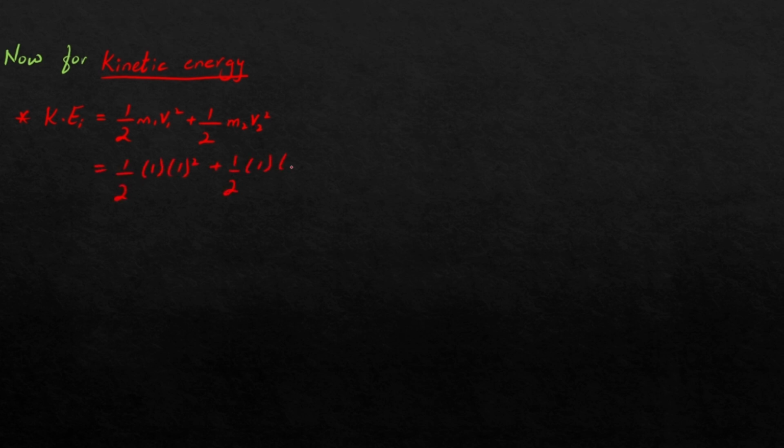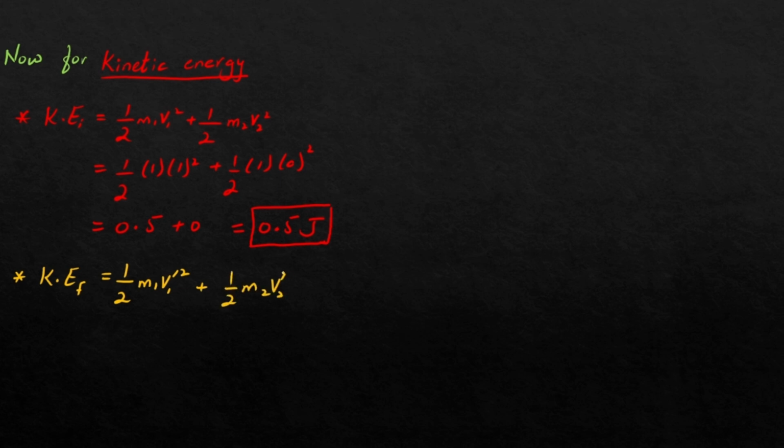Now, for kinetic energy, we have to show that the kinetic energy is conserved in this case. So, initial kinetic energy equals 1 by 2 m1 v1 square plus 1 by 2 m2 v2 square. By putting the values in this formula, we get 0.5 joule, and the final kinetic energy equals 1 over 2 m1 v1 prime square plus 1 by 2 m2 v2 prime square.